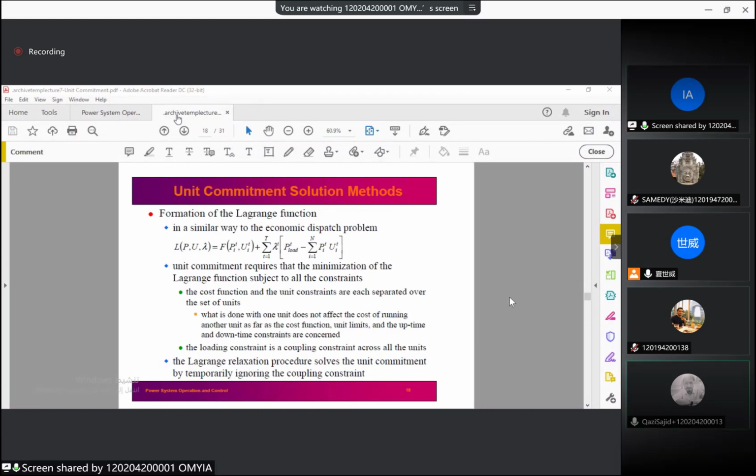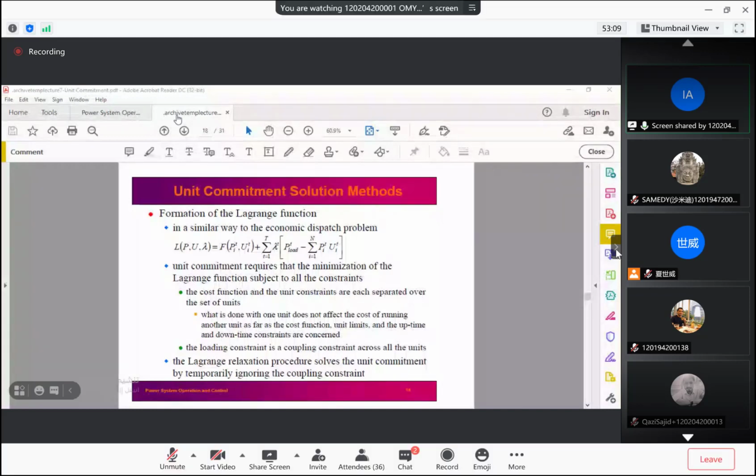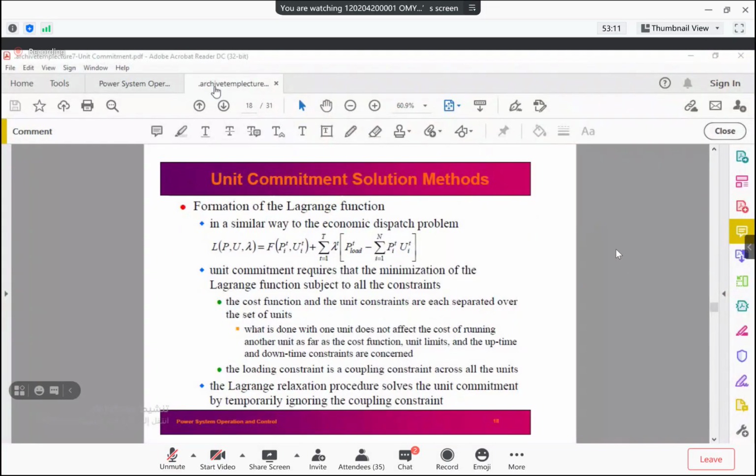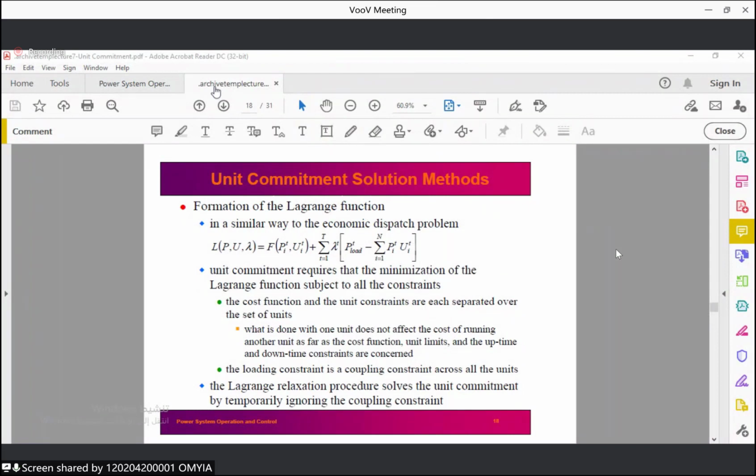Okay. As my colleague said, the Lagrange relaxation procedure solves the unit commitment by temporarily ignoring the coupling constraint. That means we will ignore the loading constraint, and this is done by using the dual optimization approach. Briefly, the dual optimization approach means optimizing lambda, then optimizing the problem variables, and going back and updating lambda.